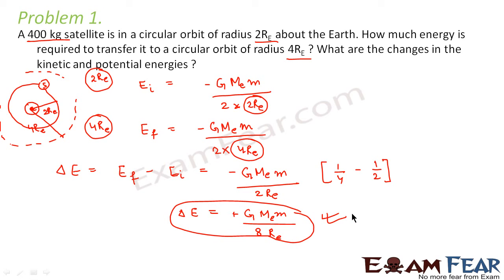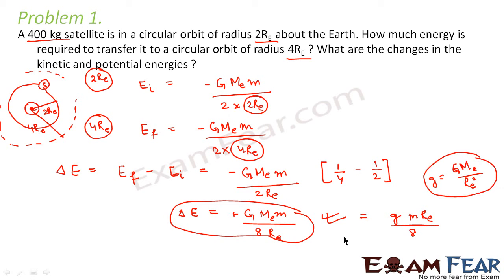This we can also write in terms of small g, that is acceleration due to gravity, which comes out to be g M RE divided by 8, because g is nothing but equal to G ME by RE square.